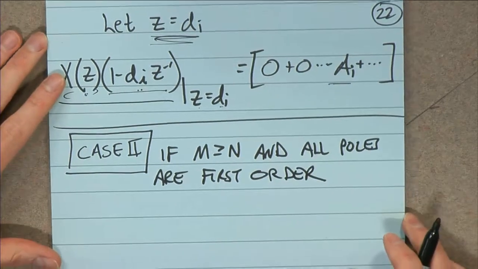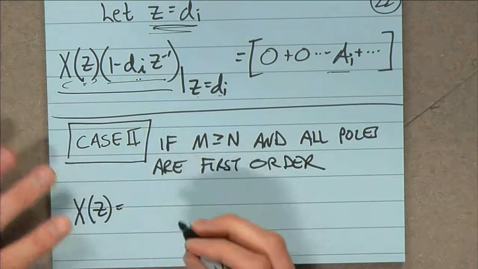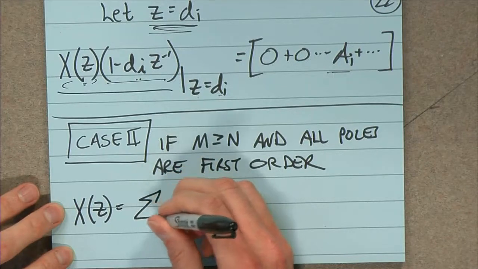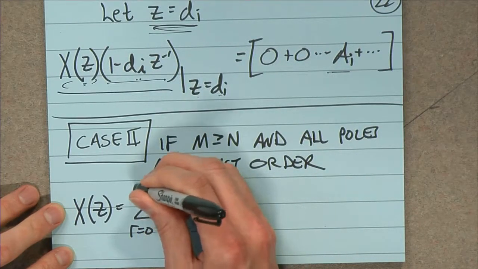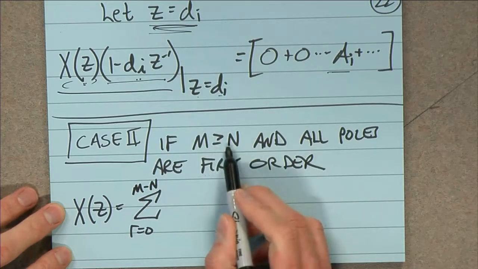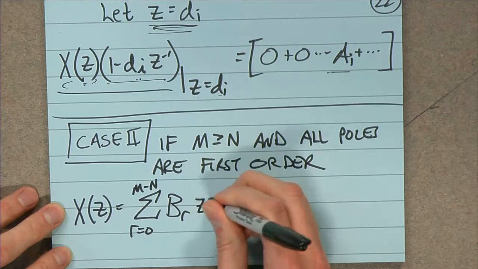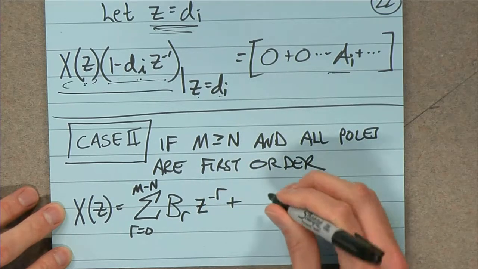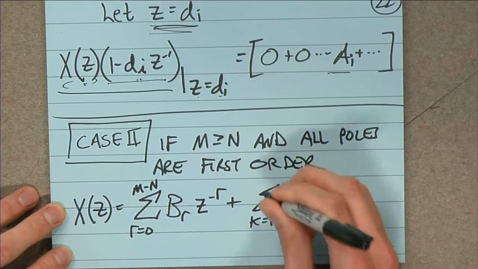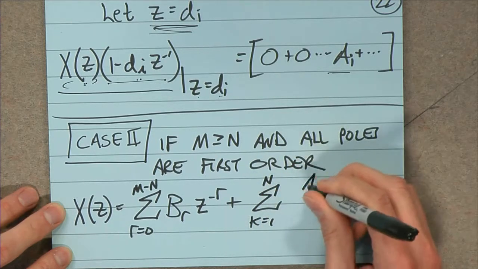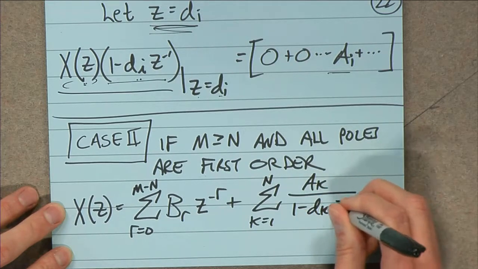If that's the case, we can end up writing x of z as a summation of r equals 0 to m minus n, m is greater than n, times some coefficients, capital B sub r, z to the minus r, plus our friendly partial fraction expansion that we just talked about, which are these capital A sub k's over 1 minus d sub k z inverse.